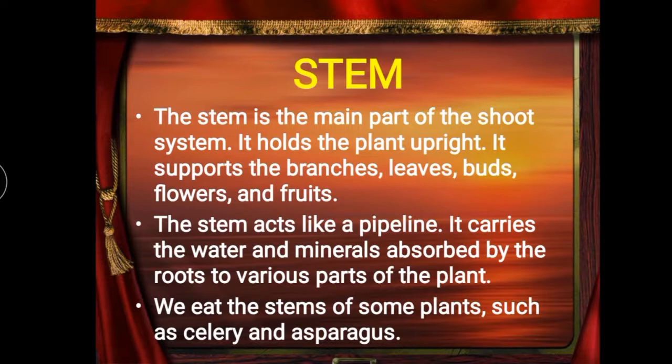The leaves come out from the stem, flowers stand there, then fruits come, and it bears a flower. The main part is the stem, from which the other parts come: branches, leaves, buds, flowers, etc. Then the stem acts like a pipeline. Do you know about pipeline?